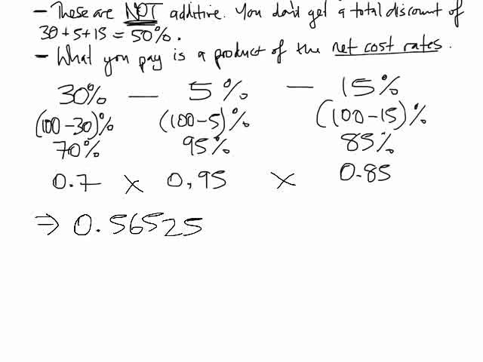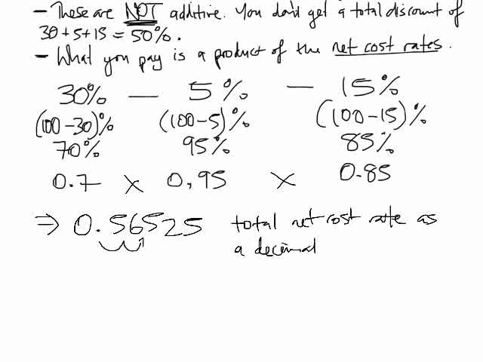So that means, that's in a decimal, that's the total net cost rate as a decimal. So translating that to a percentage, you're timesing by 100, adding percent to the end.